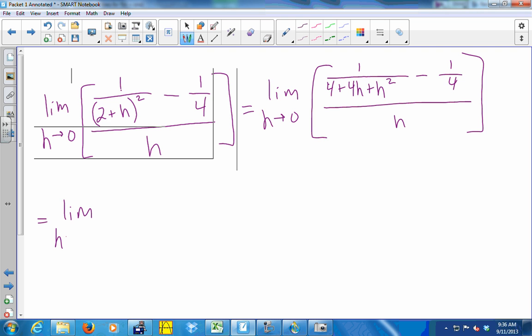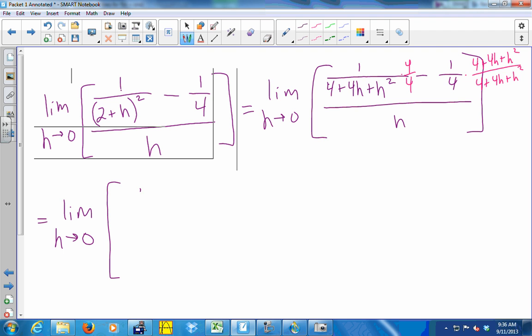Okay, so the limit as h goes to 0 of, I'm going to multiply my first fraction times 4 over 4, and my second fraction times 4 plus 4h plus h squared over 4 plus 4h plus h squared, so that I will have common denominators.